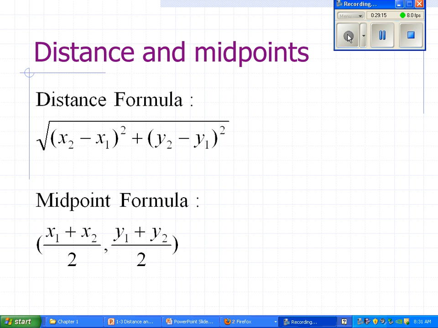Just like if you were trying to find your average in a class for 2 grades, you would add those 2 grades together and divide by 2. That's all you're going to do to find the midpoint. Add the x's together, divide by 2. Add the y's together, divide by 2. So don't make that harder than it is. Let me give you a second to write those down.